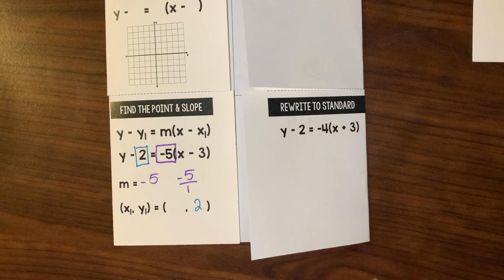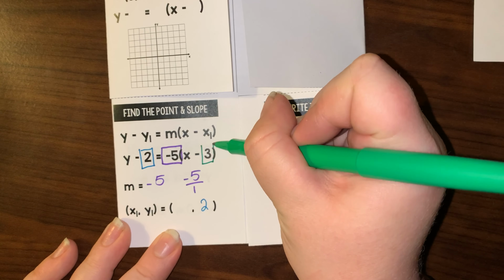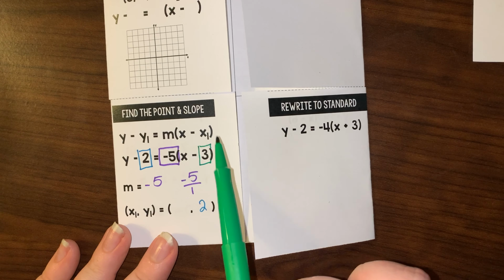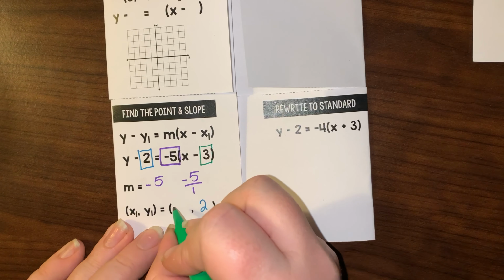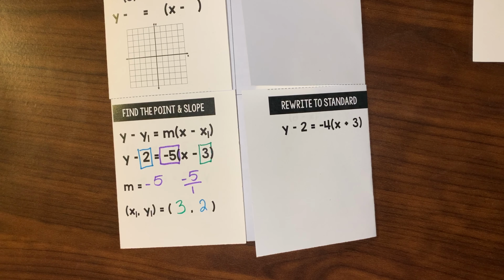So we know that this is going to pass through a y value of +2. And then over here, I'm given my x value. And again, within the parentheses, it's x minus x1. So although typically we would say that this is a -3, this is a +3 x value. Okay, so that's how you read that formula.